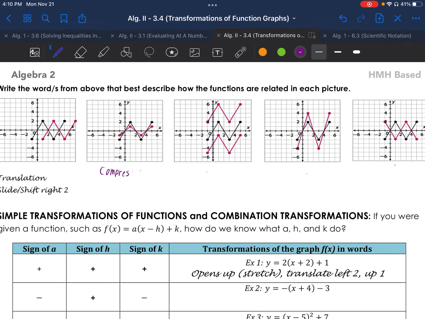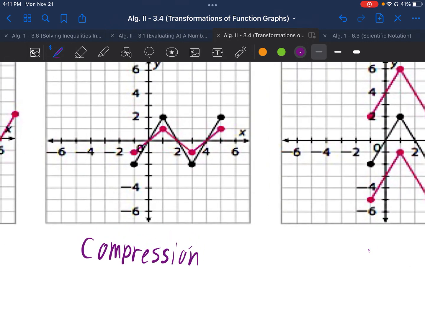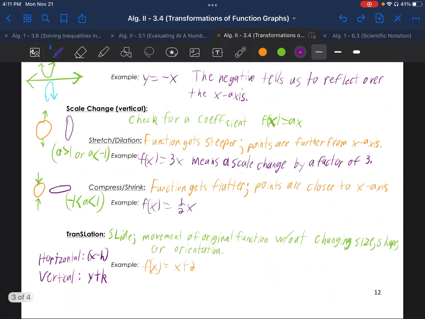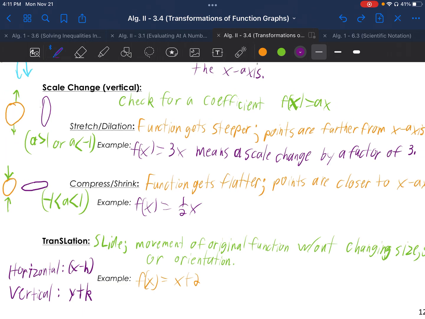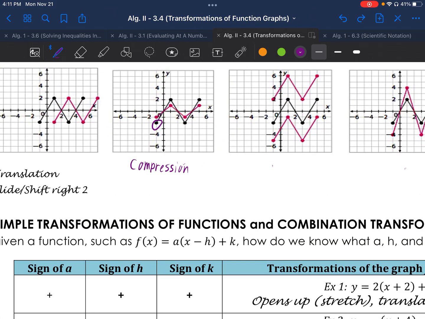So the second one here would be a compression or a shrink. It's like you took it and pushed it down. Now, in order to figure out by how much, we want to take a look at these points, and we're saying, hey, we were worried about the y values, so it got flatter and closer to the x-axis. So it went from like -2 to -1, or 2 to 1, from old to new. Well, if we remember back to the previous slide here, compressing had some number multiplying with it.